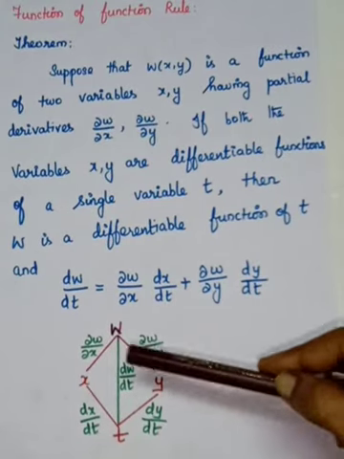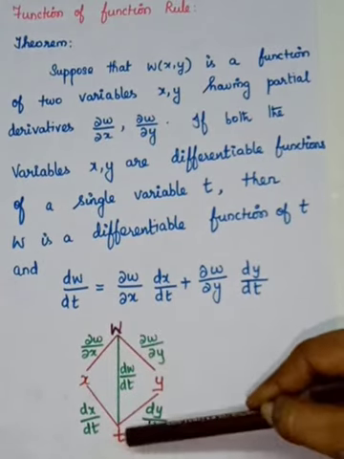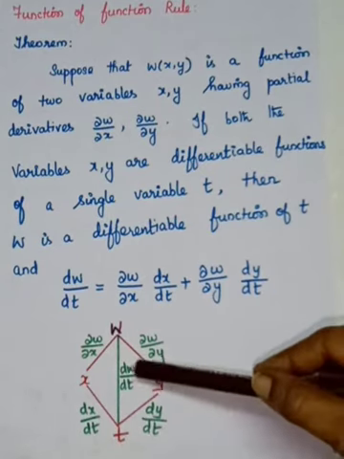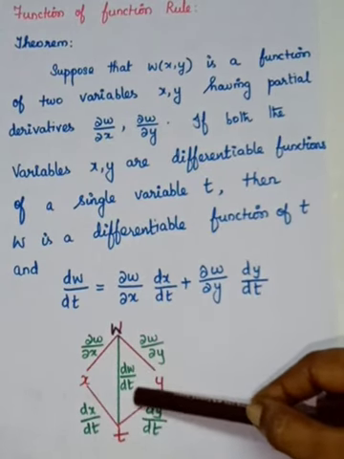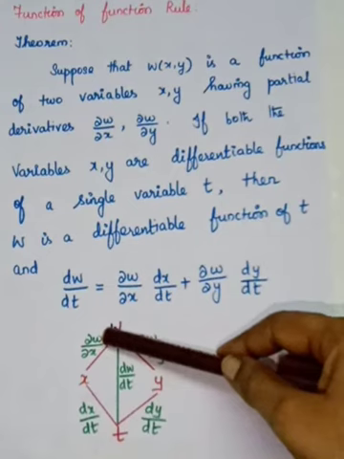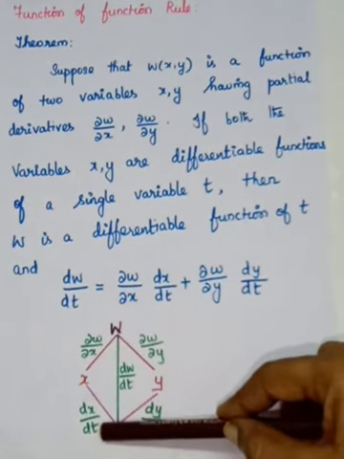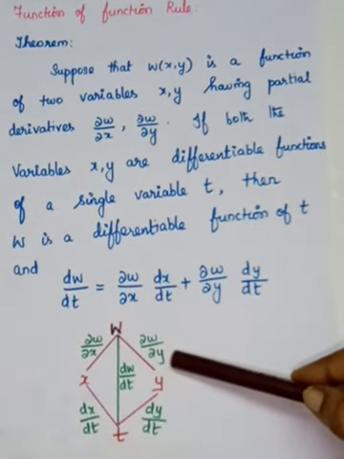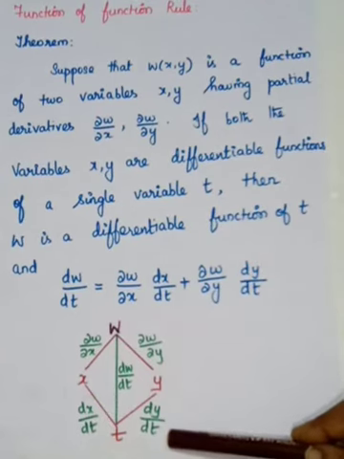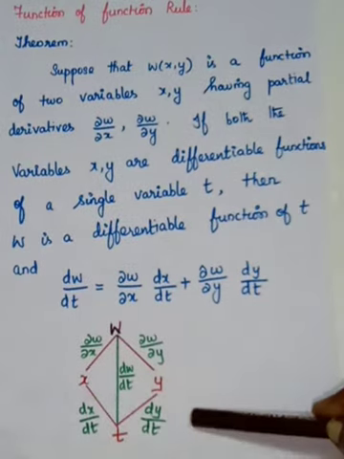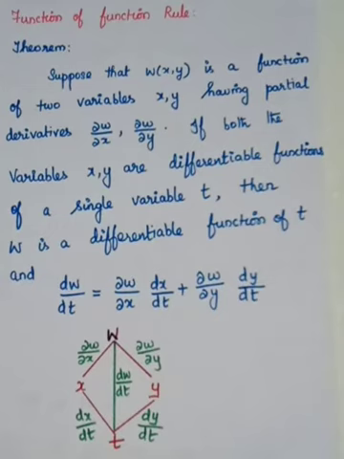Then we can say that w is a differentiable function of t, so that we can write dw by dt as dou w by dou x into dx by dt plus dou w by dou y into dy by dt. This is called the function of function rule.